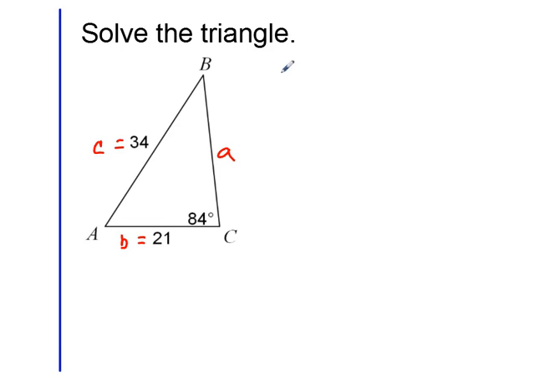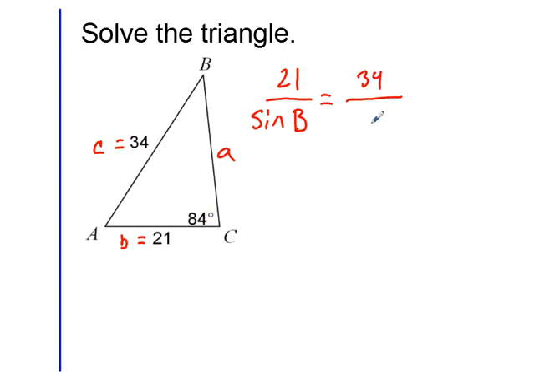So we know side B is 21, and its angle is what we're going to solve for. So the sine of B. And this will be equal to the pair of angle and sides that we do know for certain. And that would be the side of 34 across from the angle of 84, our C's.